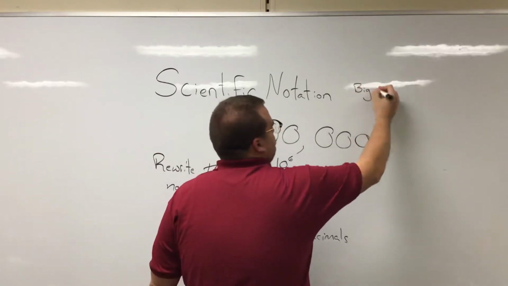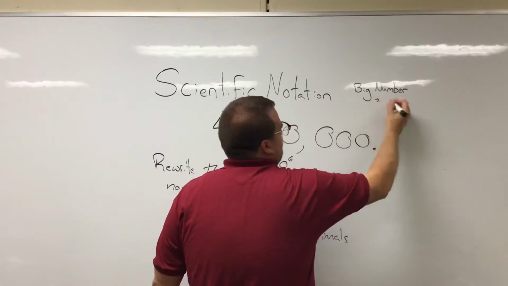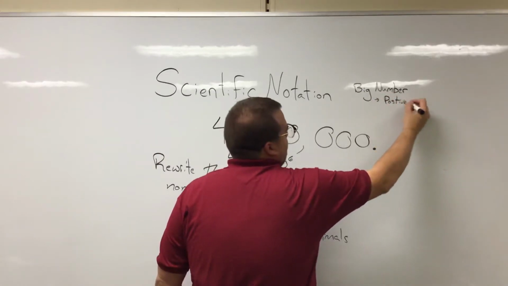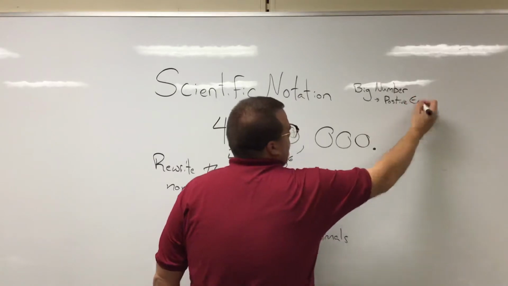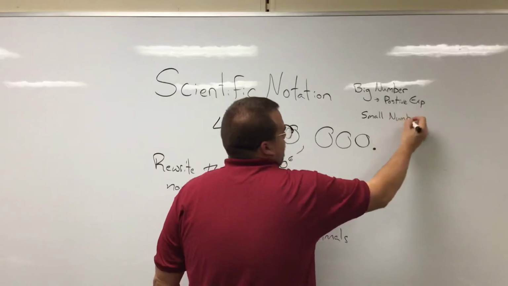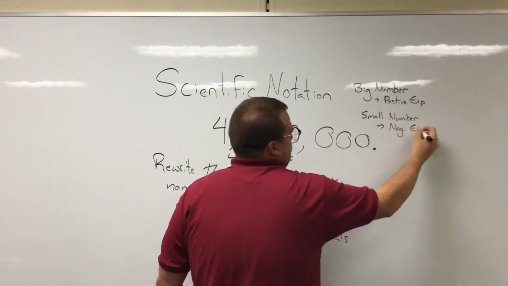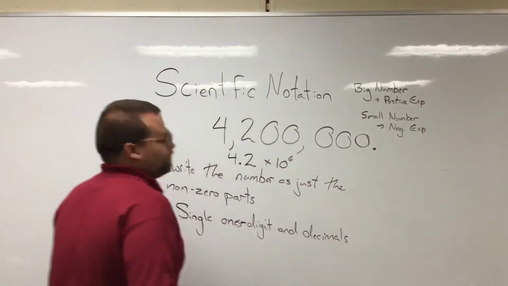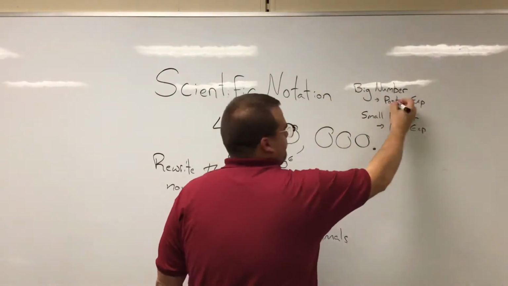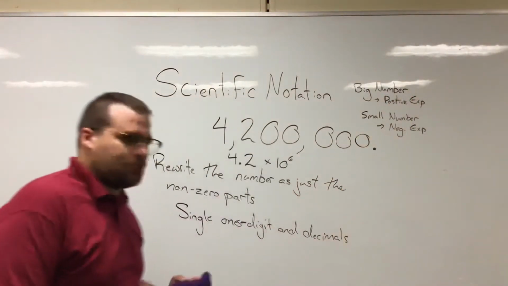Big number is a positive exponent, and a small number is a negative exponent. I know I misspelled positive, my bad. There we go.